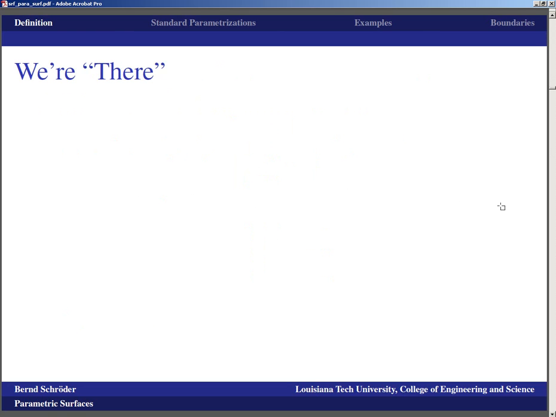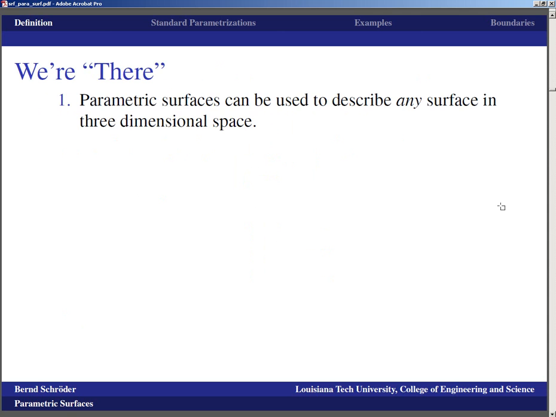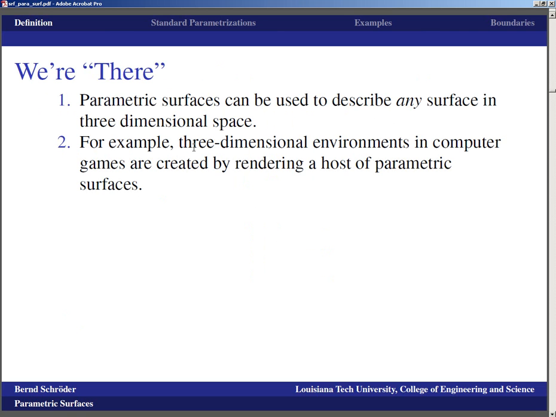All right, so what I'd like to say here, even though this is now a quite demanding visualization, we're there. Because parametric surfaces can be used to describe any surface in three-dimensional space. That means three-dimensional environments, for example, in computer games, are generated by rendering a bunch of parametric surfaces.